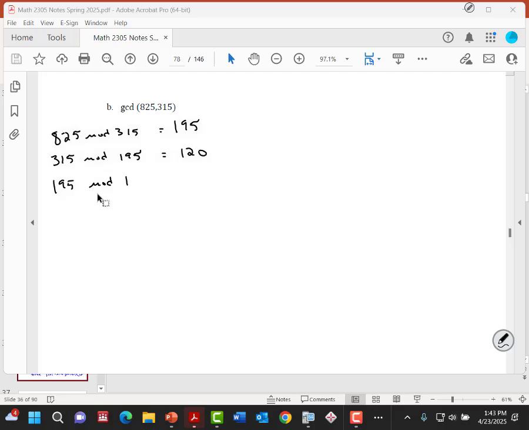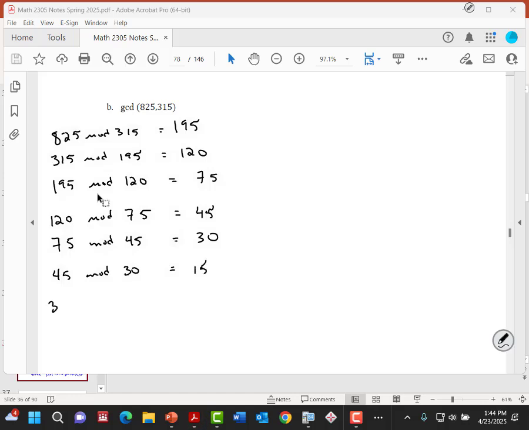195 mod 120, and now some of these we can start to do in our head. 120 goes into 195 one time with 75 left over. We're just going to continue. 120 mod 75: 75 goes in one time with 45 left over. 75 mod 45: 45 goes into 75 once with 30 left over. 45 mod 30: 30 goes into 45 once with 15 left over.